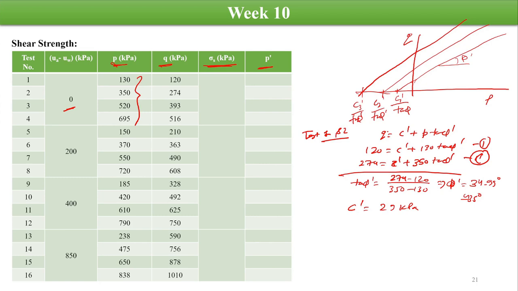So the value of sigma S is nothing but this c dash upon tan phi dash. So we'll determine 29 upon tan 35. So it will be around 41.4.